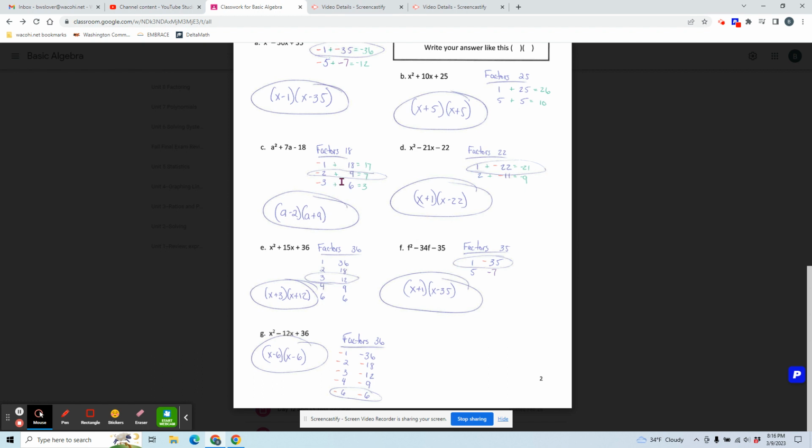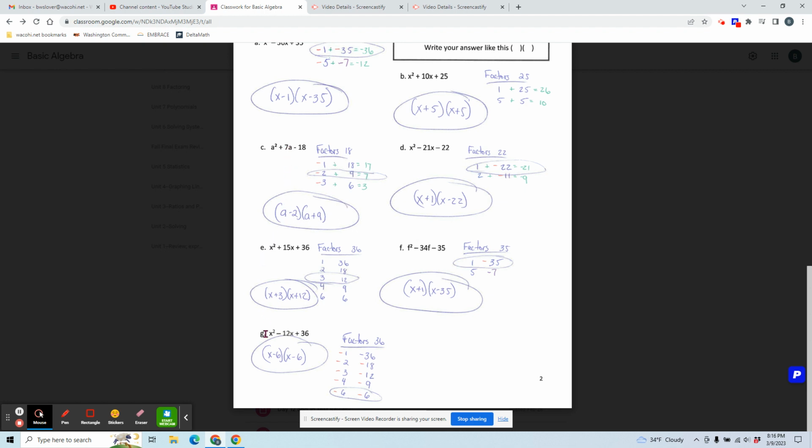Maybe you can do it in your head. Maybe you can just look at a piece of paper, look at a factor chart, and figure it out from there. That is perfectly fine. But I'm showing you what I'm doing for all of these. I list all my factors. What's in red is me identifying the signs, whether they're positive or negative. What's in green is me seeing which ones add to give me my linear term.